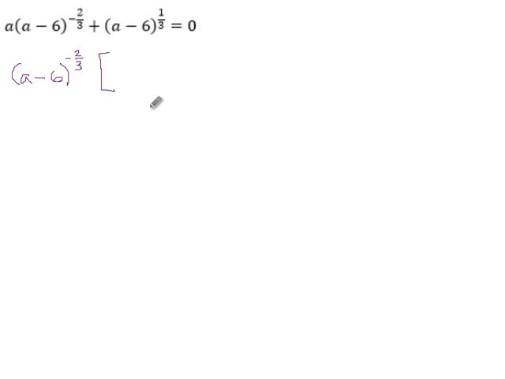And what does that leave us with? From this first term, we get an a, and that's it. Here we get a minus 6 to the minus 2/3 divided by exactly the same thing, so that's gone.